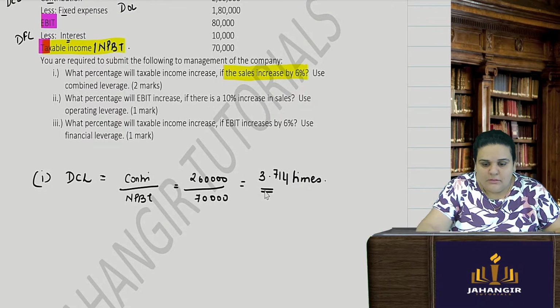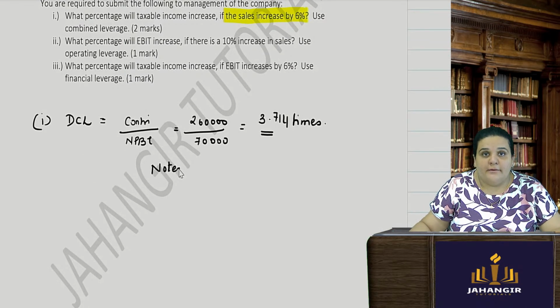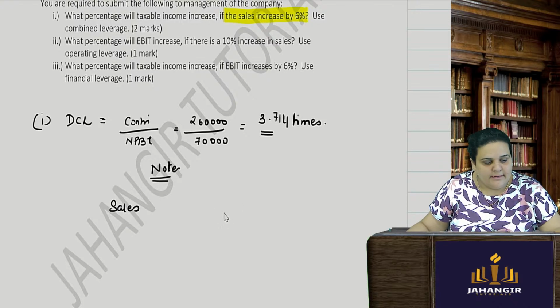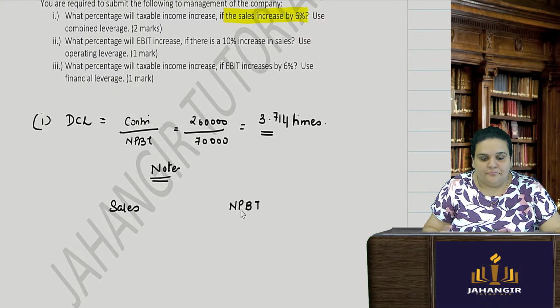Now what is happening? I'm just giving a small note over here for your better understanding. There is sales, change in sale, and they are asking how much my NPBT will change with the change in sales. So two variables I am writing.